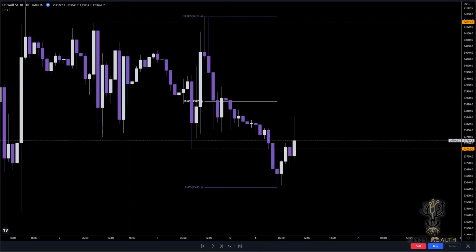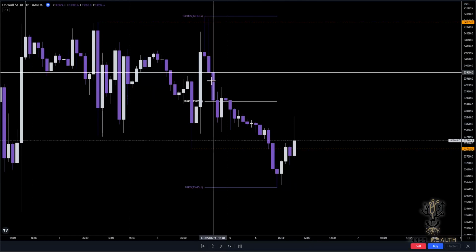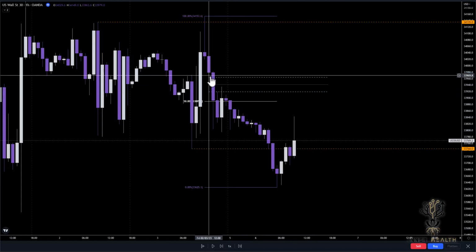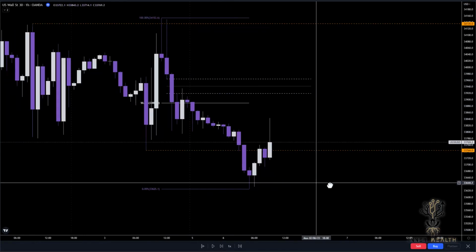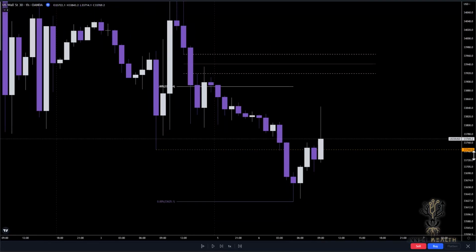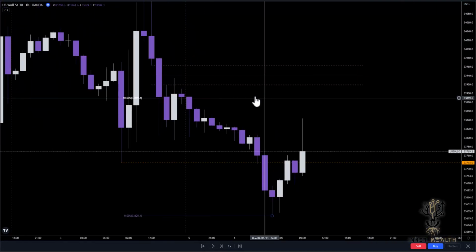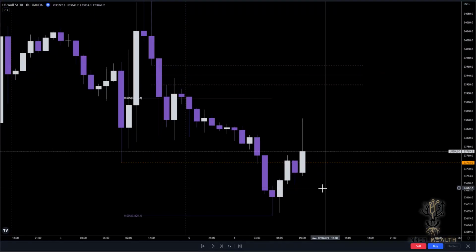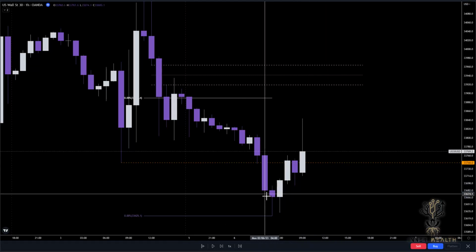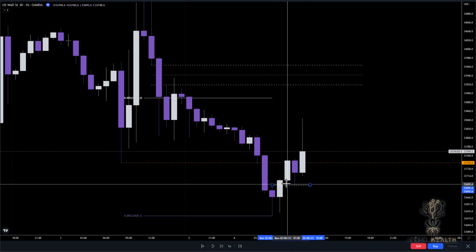So for me, I see two imbalances. This first one right above 50% right here in these two candles. Okay, right there. And also I do see this imbalance here that was created there in London.